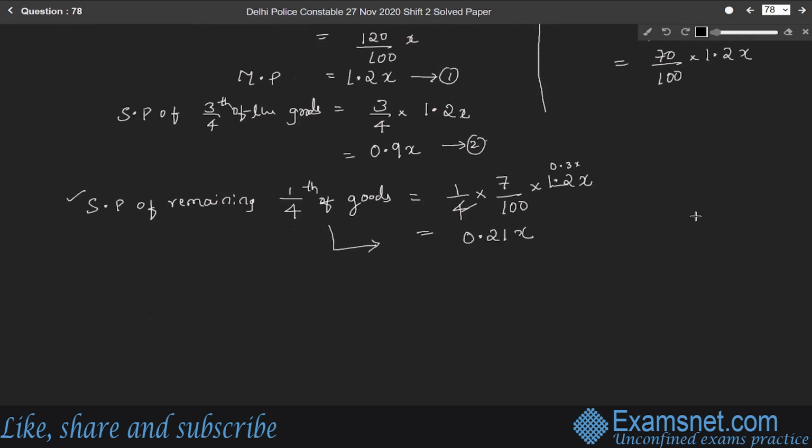So selling price of remaining 1/4 of goods is 0.21X. Therefore, total selling price, considering this as equation 3, from equations 2 and 3, is selling price of 3/4 of goods plus 1/4 of goods, which is 0.9X plus 0.21X, equal to 1.11X, right?